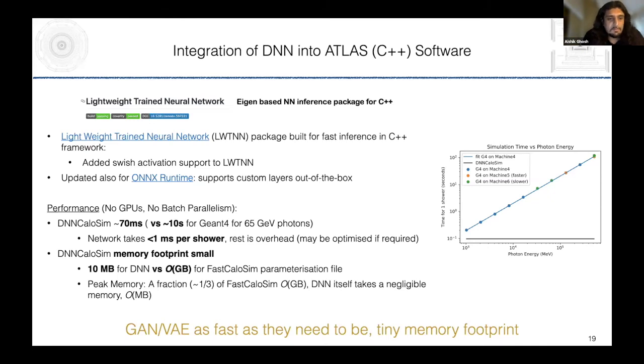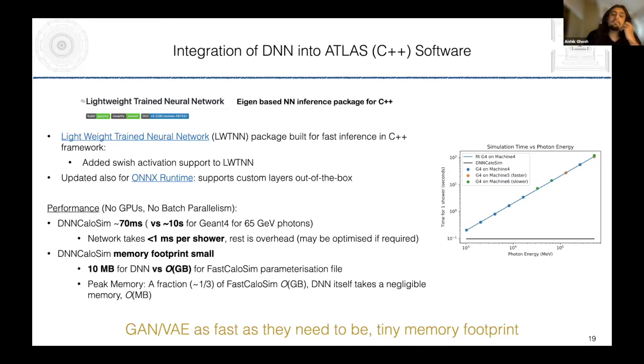And the performance, we're very happy with looking at the performance. So the plot on the right gives you an order of magnitude idea of the kind of speeds for an individual shower in Geant4, which is the blue line, as a function of the energy of the incident photon, versus what the neural network is doing, which is the flat line at the bottom.